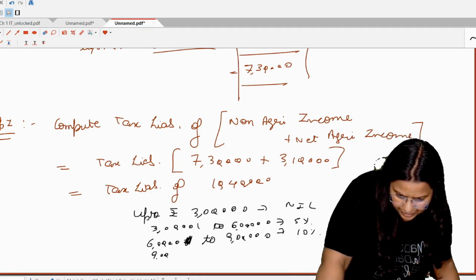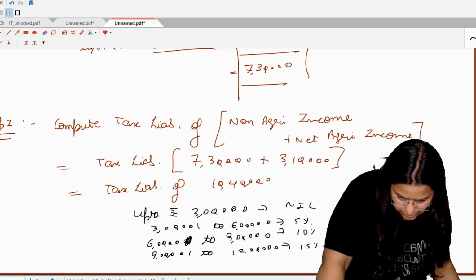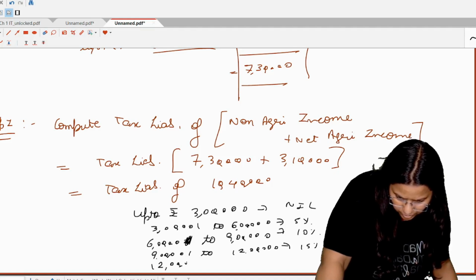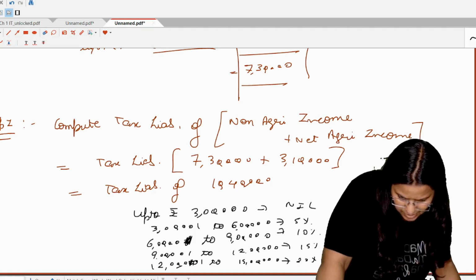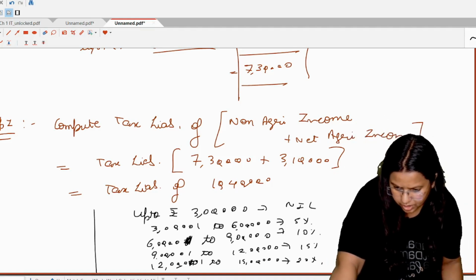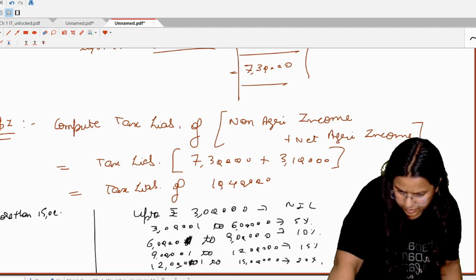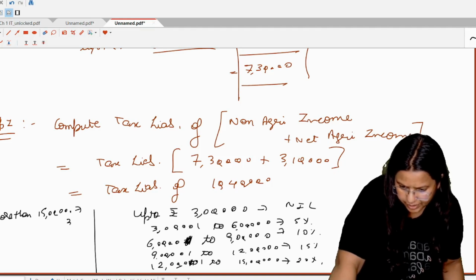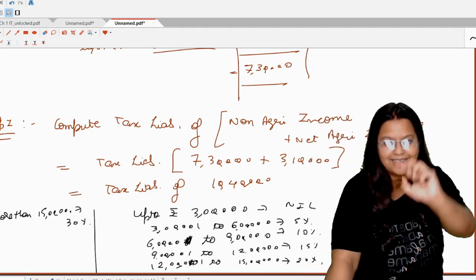Then 9,01,000 to 12 lakh, the tax rate shall be 15%. Then 12,01,000 to 15 lakh, the tax liability shall be 20%. Okay. Due to lack of space, I am writing it here. You have to write it on the next page. See, more than 15 lakh, the tax liability shall be 30%. It means after 20%, there will be this direct slab rate of 30%. Okay, that is a 10% jump.